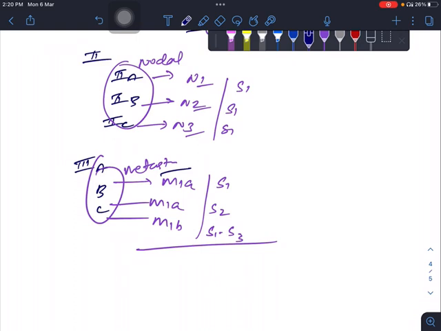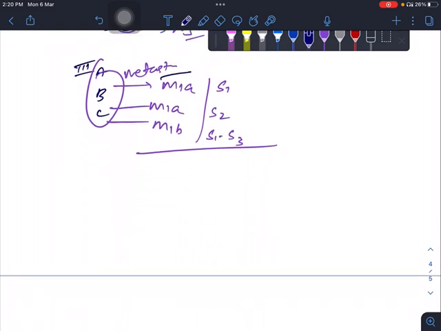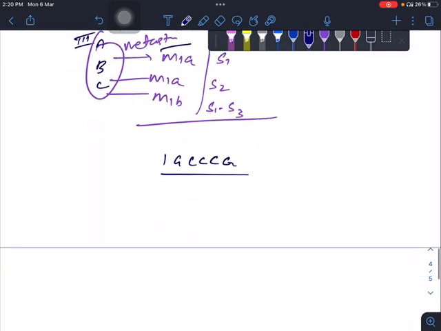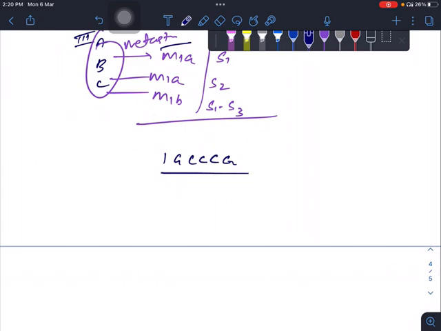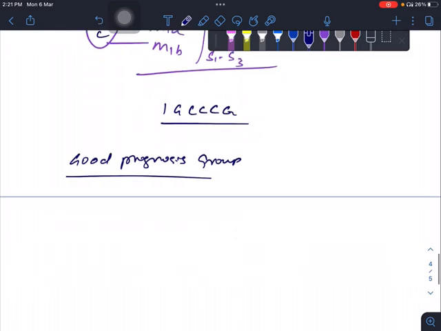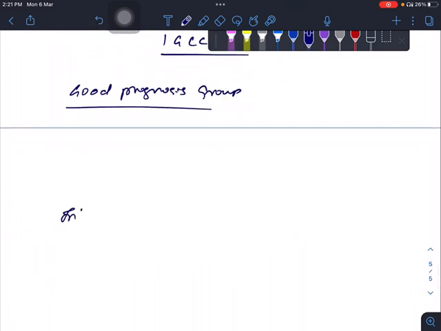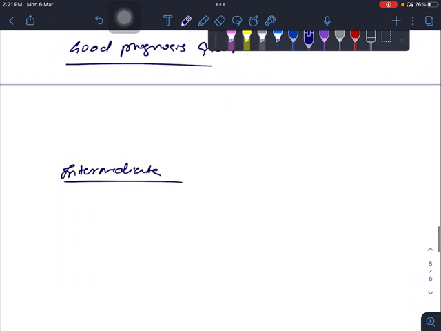Then we can see the IGCCCG prognostic group staging. This is the International Germ Cell Cancer Collaborative Classification. Here the tumors are classified into good prognosis group, intermediate prognosis group, and poor prognosis group.